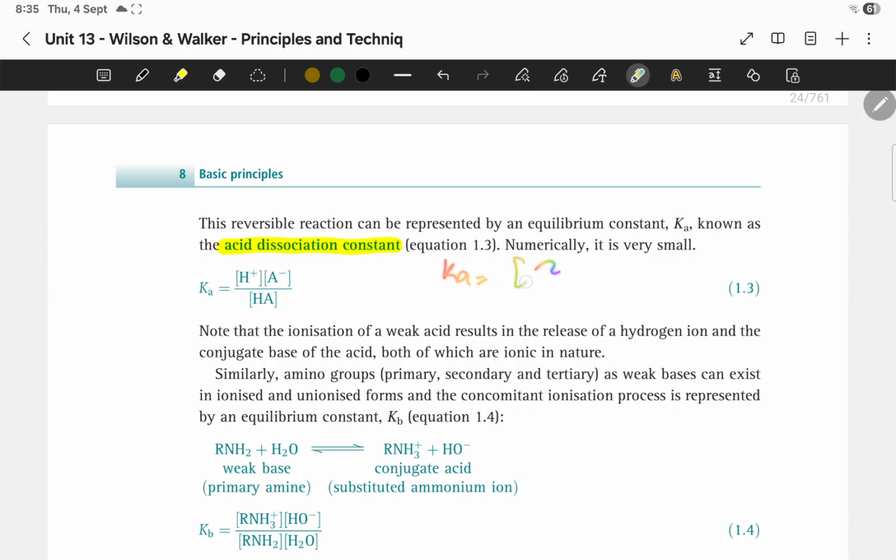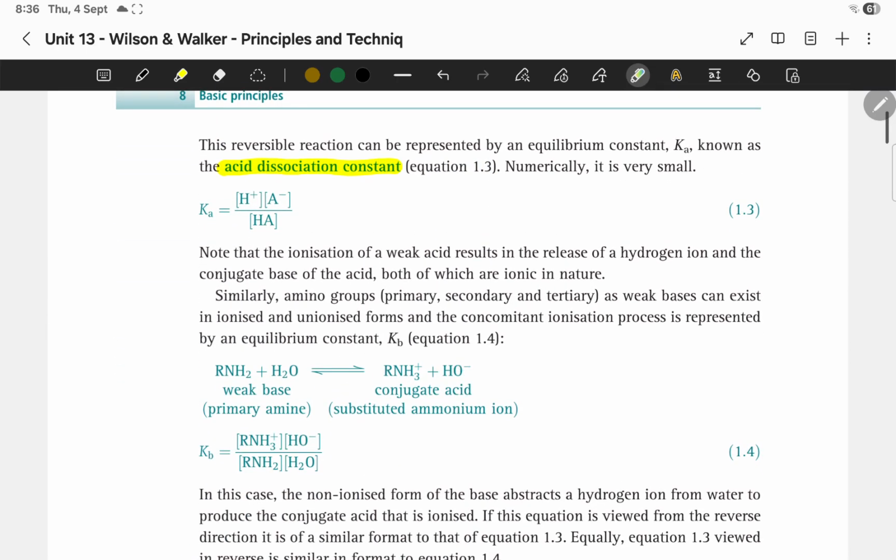Ka is equal to H plus times A minus upon HA. Note that whenever there is ionization of a weak acid, a hydrogen ion is released, and the conjugate base of the acid, both are ionic in nature.